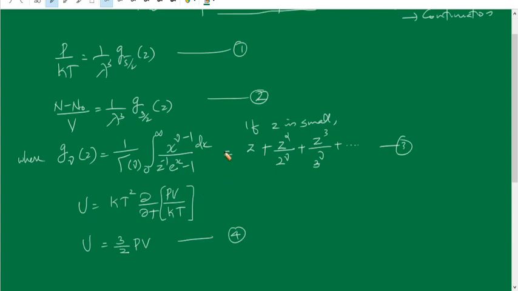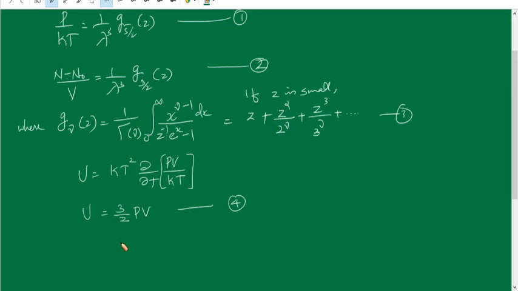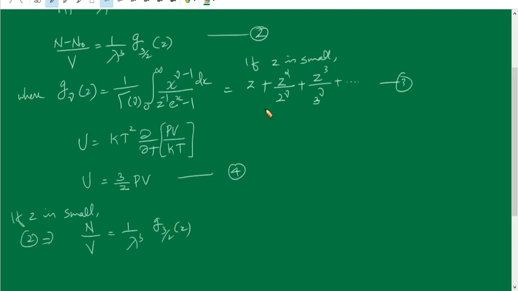So for small value of z, we can use this formula, and inverting this series we can write equation number 2 as N by V. Because N minus N0 is negligible when z is small, N by V is equal to 1 by lambda cube g_3/2 of z.